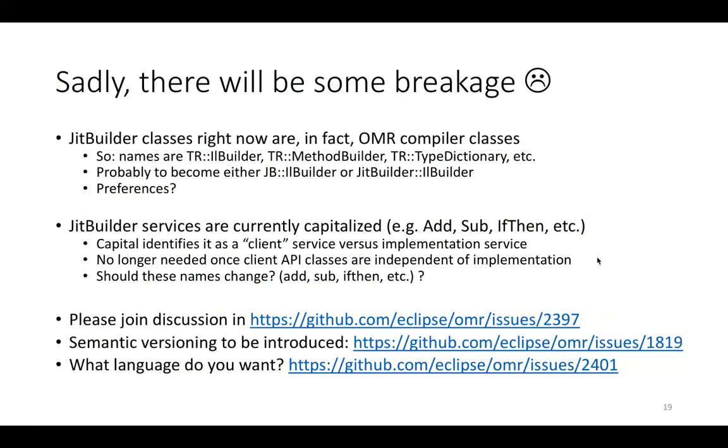The way that I differentiated that when I created JitBuilder in the first place was to capitalize all of the services that were meant to be public for clients. And the other ones start with lowercase, and so those are the public API to be used by other implementation classes.